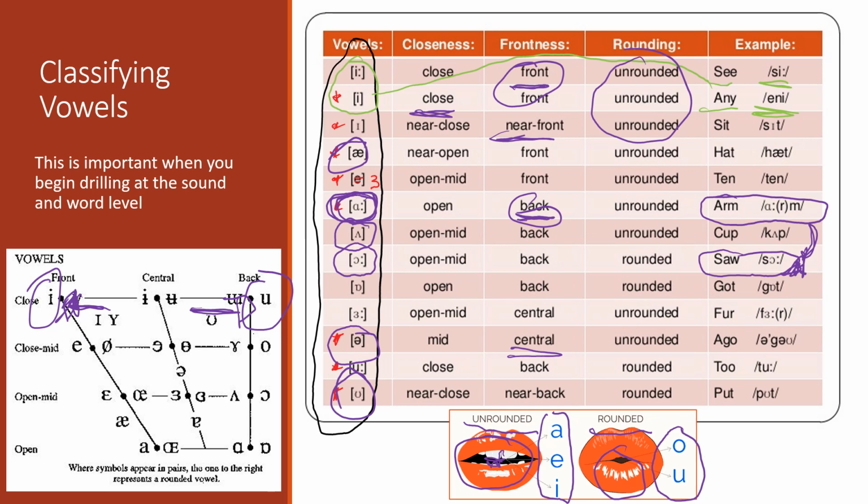Okay, so I'm not really going to reference frontness, closeness, or even rounding all that much. It's a very important component, but what I want you to do is primarily focus on these sounds and understanding, okay, these are the sounds that I'm listening to, and let me see how I'm going to be able to produce it nicely.